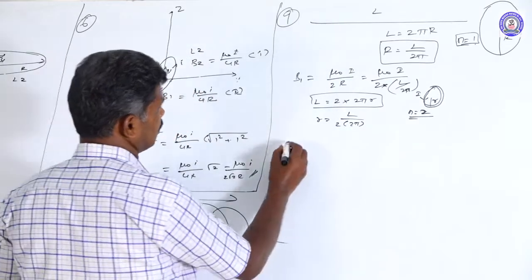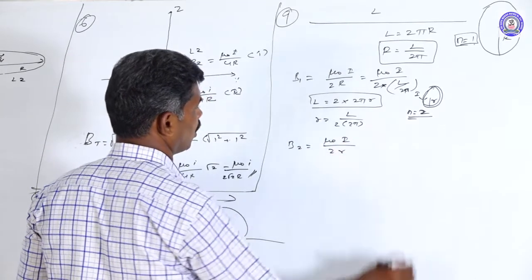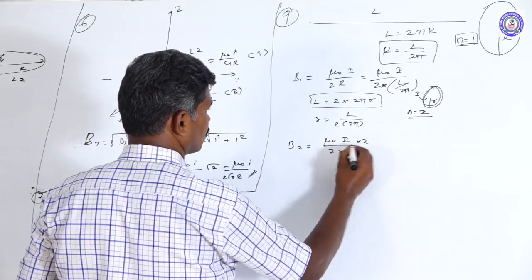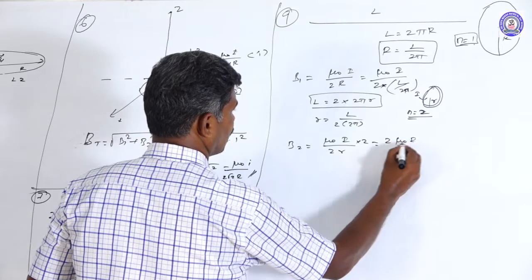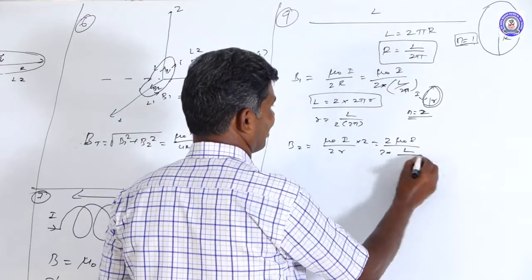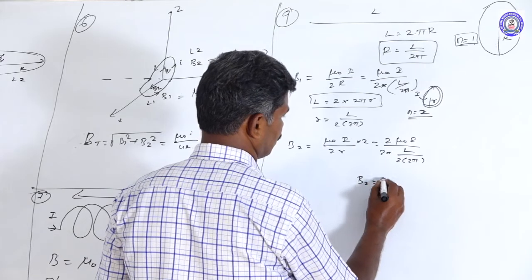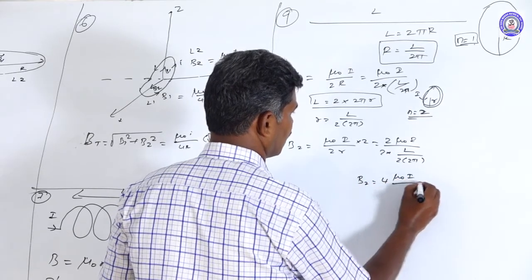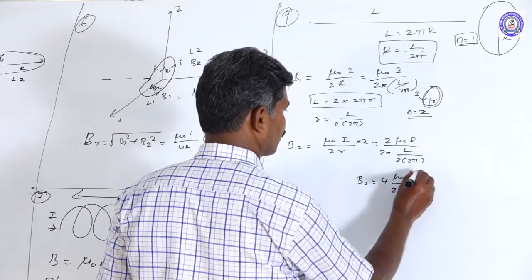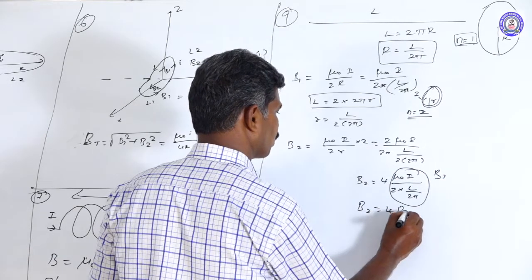Then for the second, 2-turn coil, B2 is equal to mu naught I by 2 small r, multiplied by the number of turns, that is 2. So 2 mu naught I by 2 into L by 2 into 2 pi. This 2 is taken up, B2 is equal to 4 mu naught I by 2 into L by 2 pi. We know that this value is equal to B1. So B2 is equal to 4B1.